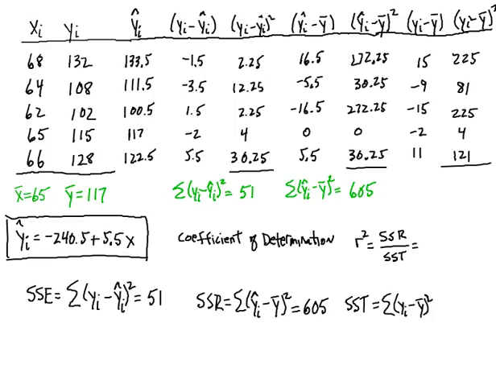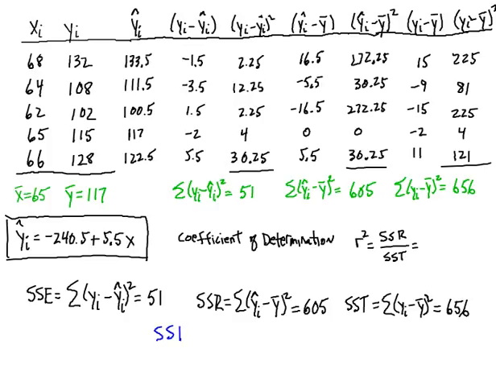So adding those together, I would have a total of 656. So SST would be 656.